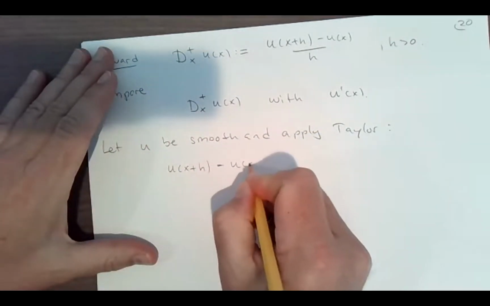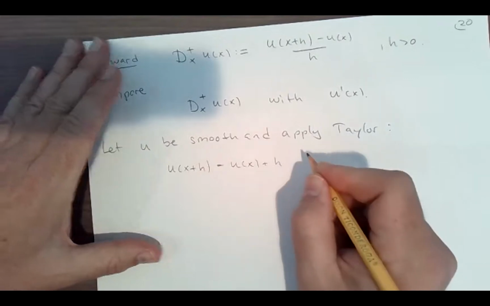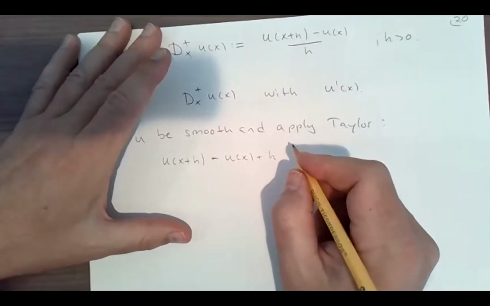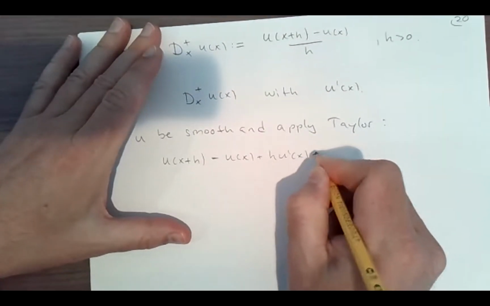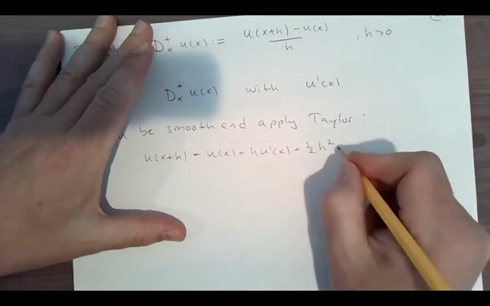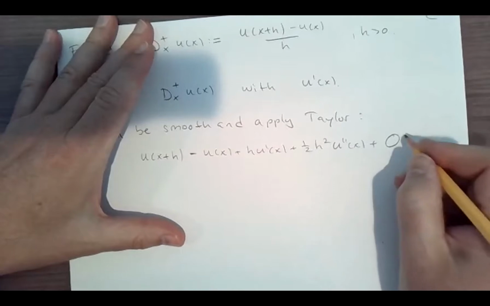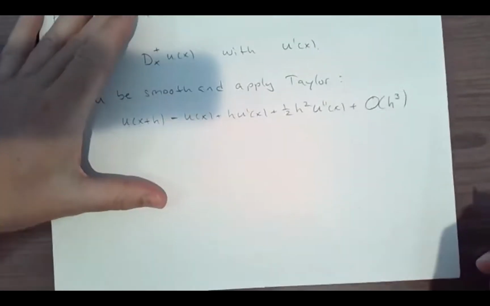This will be u of x plus the distance between x and x plus h, which is h, times the first derivative, plus 1/2 h squared times the double derivative, plus something in big O of h cubed.